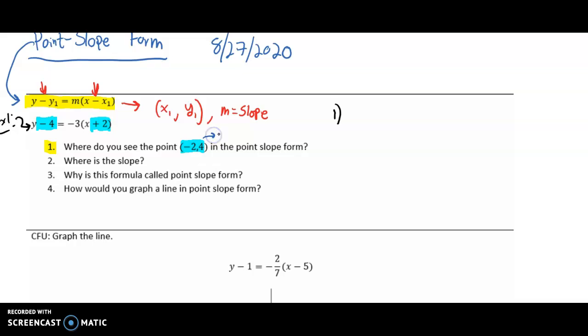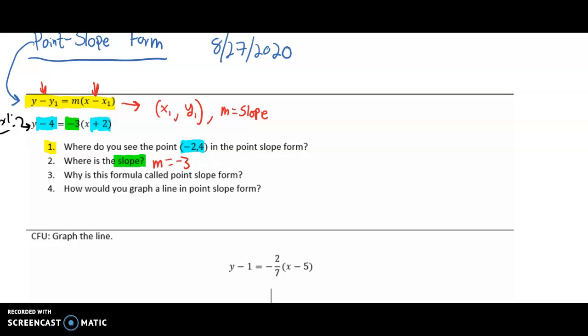So we're going to use opposite signs. Great, so we see it right up there. That's number 1. Number 2, our slope, we're going to mark in green. Our slope is right here, and our slope is -3.